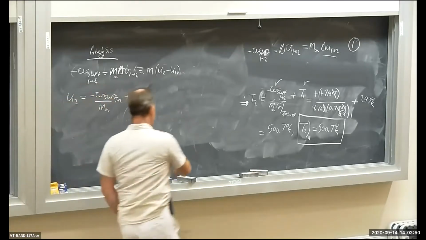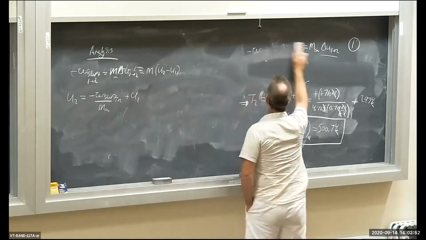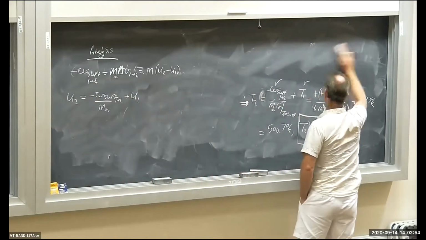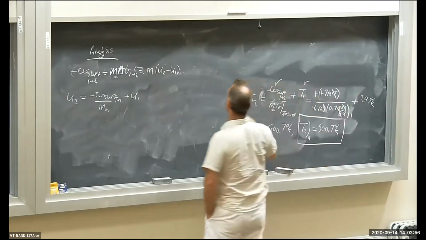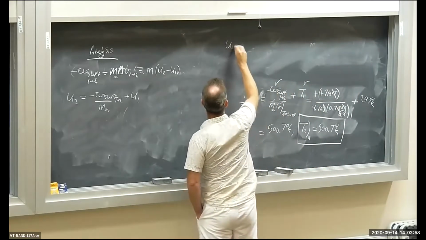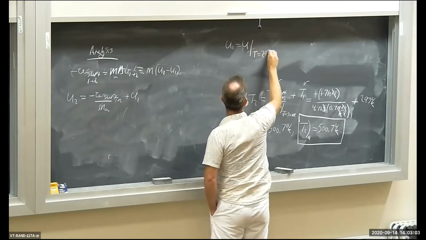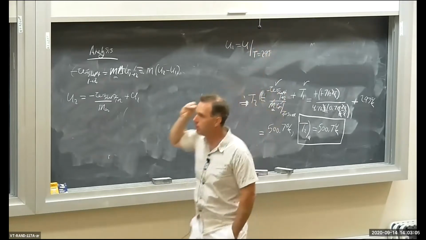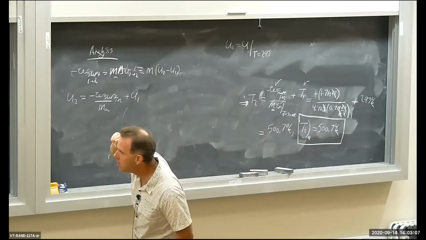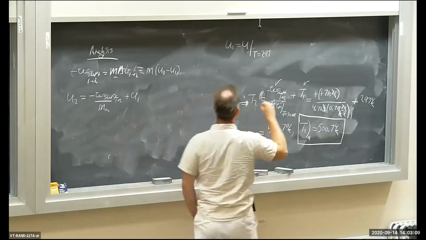Now, what's U1? First, let's calculate U1. What's internal energy at state 1? U1 is U evaluated at T equals 293 degrees Kelvin.